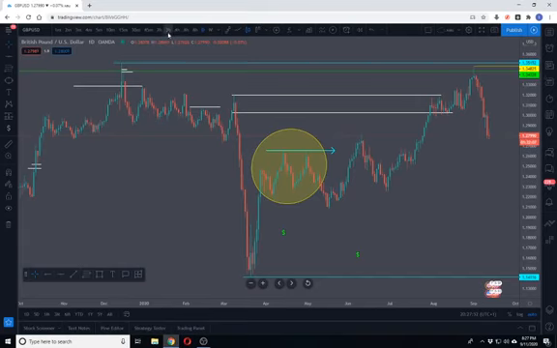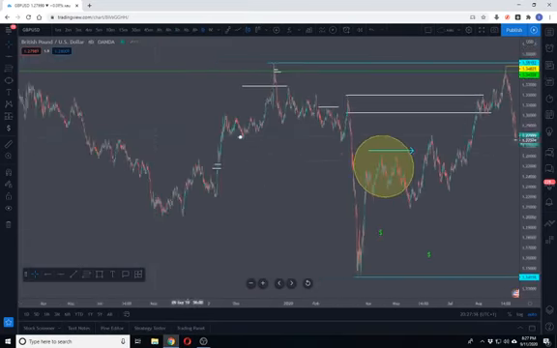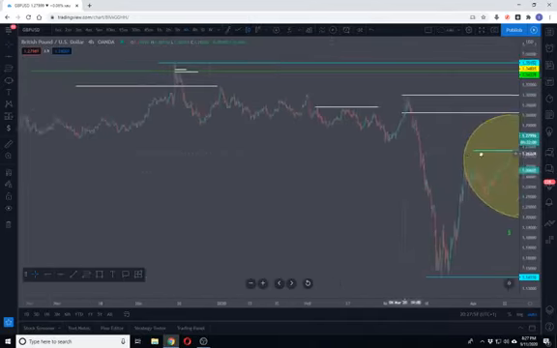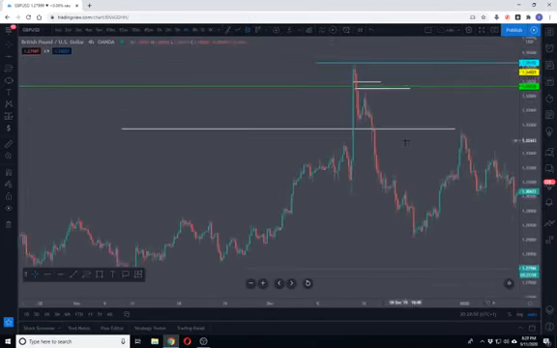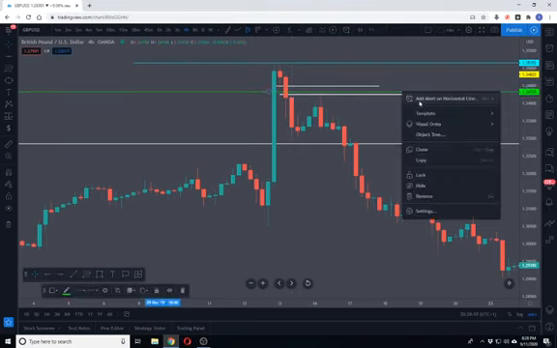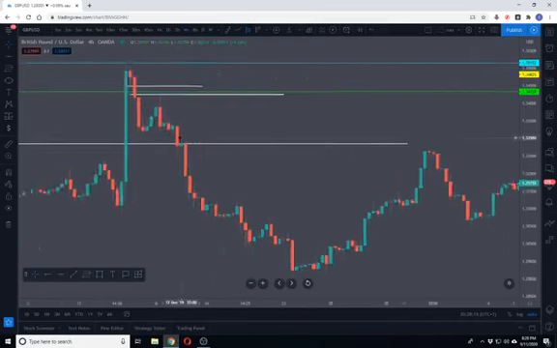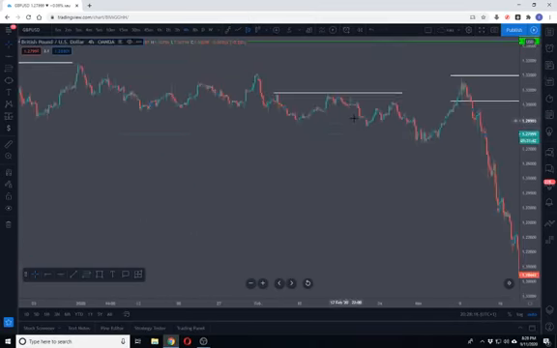And so if we start zooming in, we can see between these white lines our inefficiency in price action. So I set my alert on that green line that I just put there, and I wait for price to make it up there.